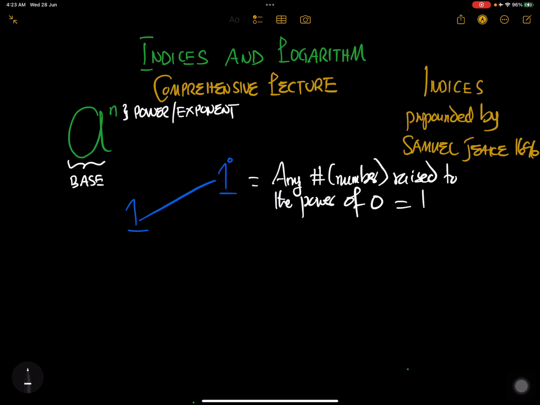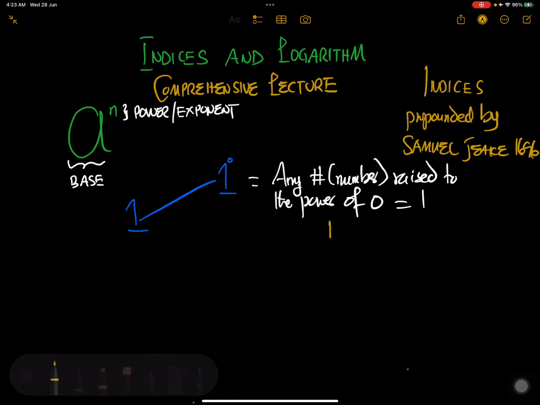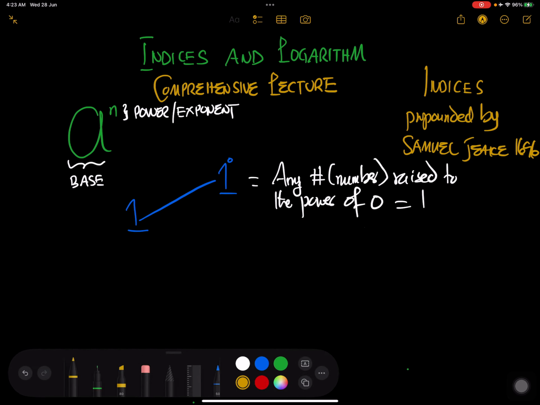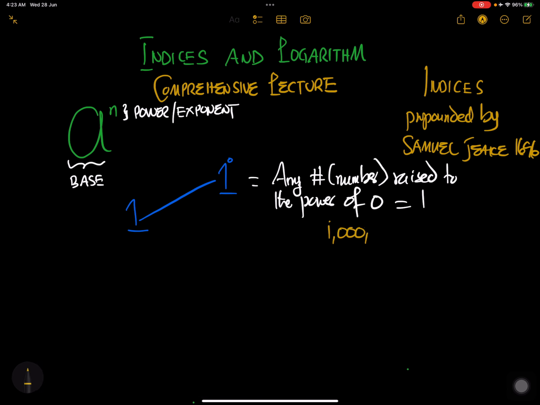So if you have a million raised to the power of 0, we are saying that this is equal to 1.